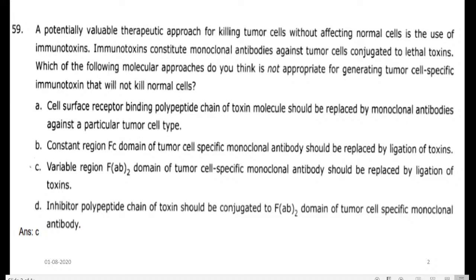For example, in breast cancer, HER2 is a recognition receptor on the cell surface. So if they are designing immunotoxins in this method, that peptide chain is replaced with the monoclonal antibody against HER2.